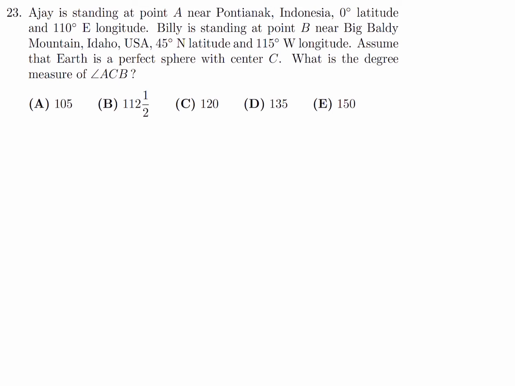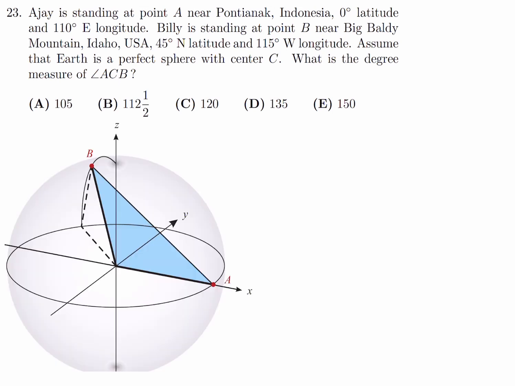All right, we need a diagram for sure. So I'll draw a quick diagram that sort of illustrates longitude and latitude. Let's say this is the cross-section of a sphere.